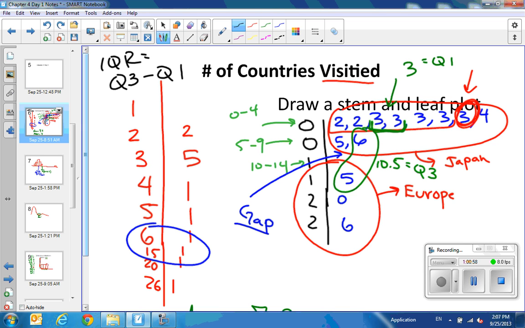It's the distance between Q1 and Q3. So what's Q3? 10.5. If I subtract Q1, which is 3, I have what? 7.5. So our IQR is 7.5.